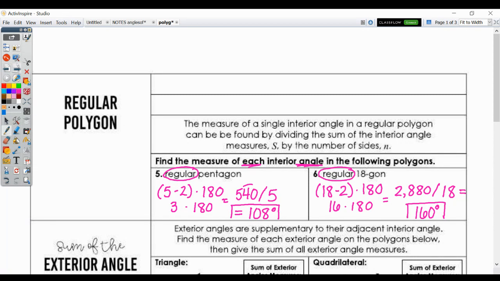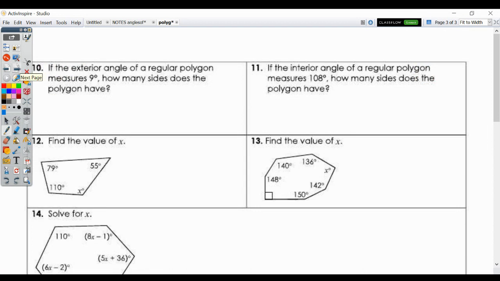Okay, so now I'm going to skip on over to one that looks like these, 12 and 13. So it wants me to find the value of x. The first thing I need to do is find out how much all of these angles are supposed to be added together. I need to find the sum of how much they are all supposed to be. So I'm going to use my little formula.